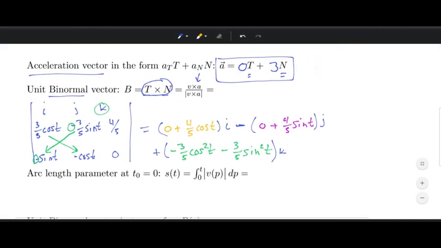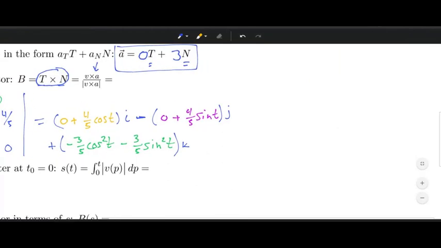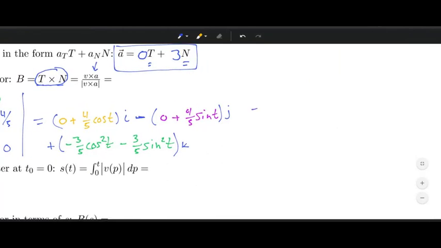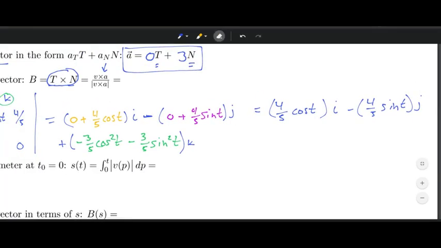Okay, let's make this look just a little bit better. And so for b here, we get 4/5 cosine t i minus 4/5 sine t j.